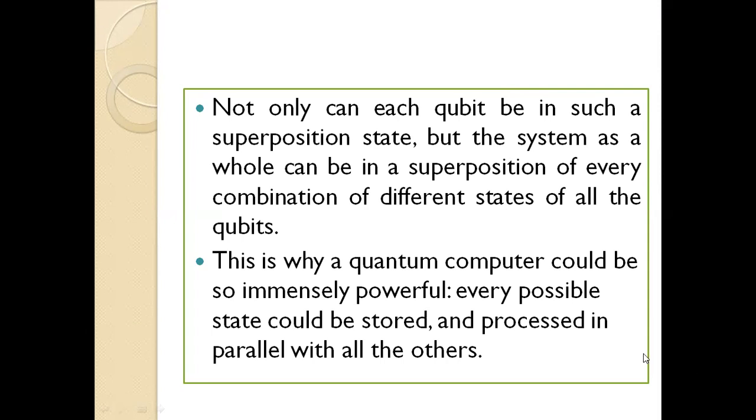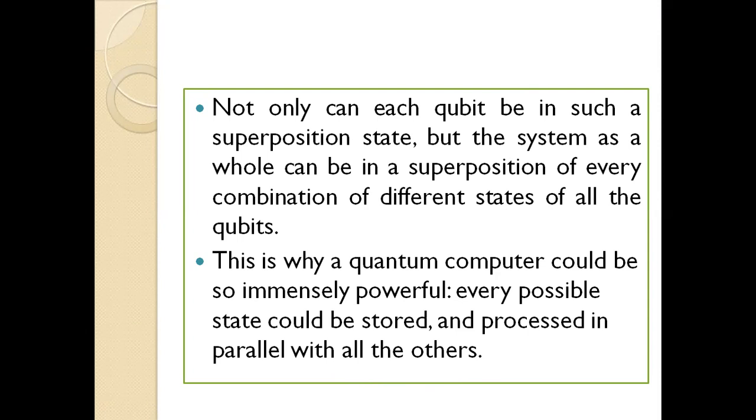That is why quantum computing could be so immensely powerful: every possible state could be stored and processed in parallel with all the others. That is exactly where the power of quantum computing lies.